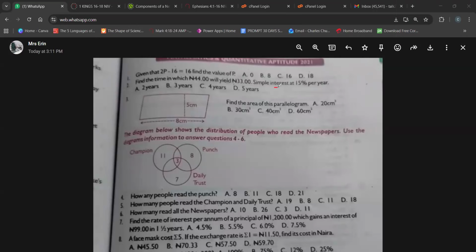Where did you get 11 from? If we do 44 minus 33 is 11. No. Okay. I know you are remembering the last example that we did. See the difference here. The one that we did back then, did you notice that the amount was more than the principal?